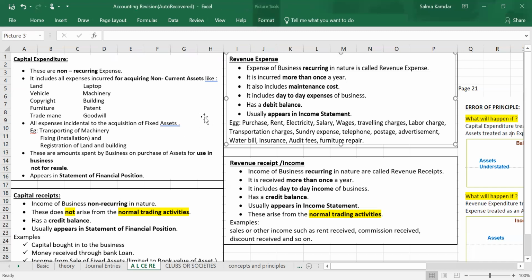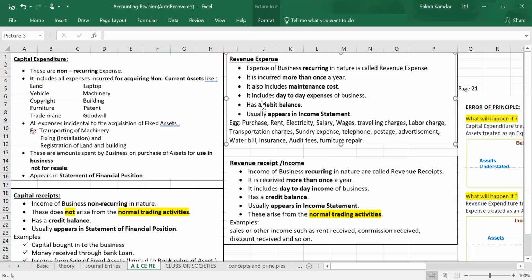Why do we differentiate whether your expense is a revenue expenditure or a capital expenditure? Because mostly capital expenditure is done when you purchase non-current assets. So the revenue expenditure goes in the income statement and the capital expenditure will go in the balance sheet, in the statement of financial position.